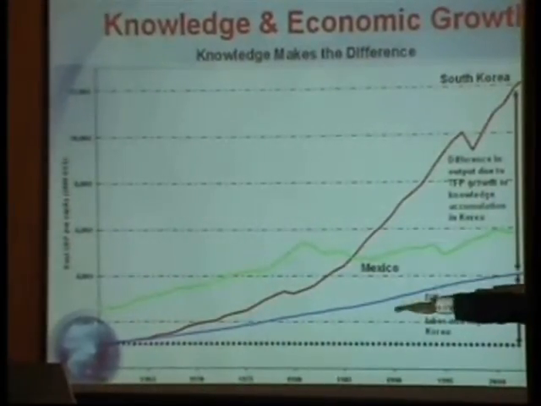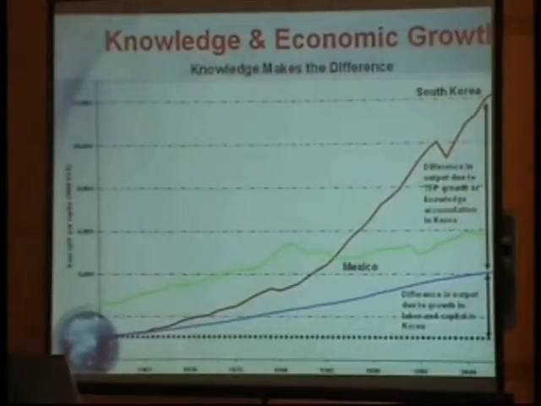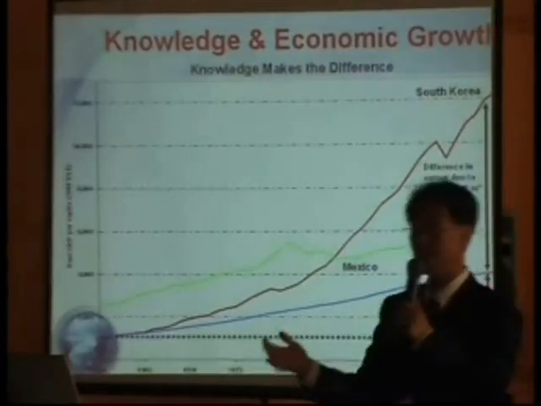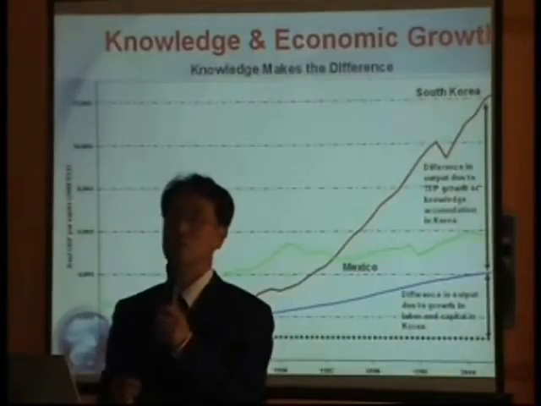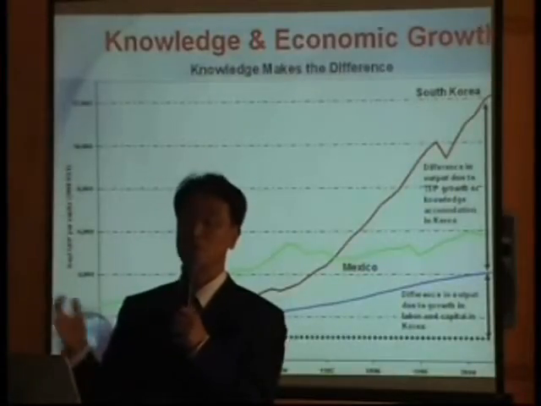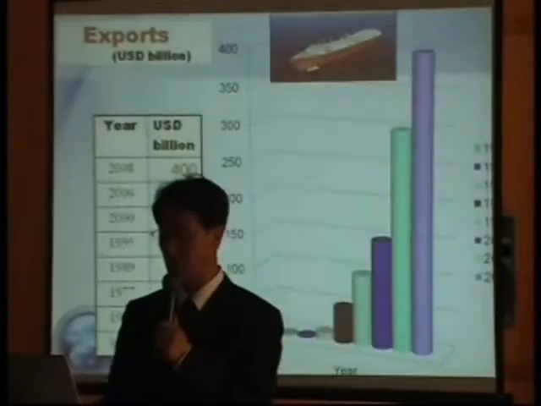We were way behind Mexico in the initial stage. The conclusion is that about 2/3 of Korean economic development is ascribed to factor productivity growth, sorry, productivity. That means a quite integral part of the knowledge economy.